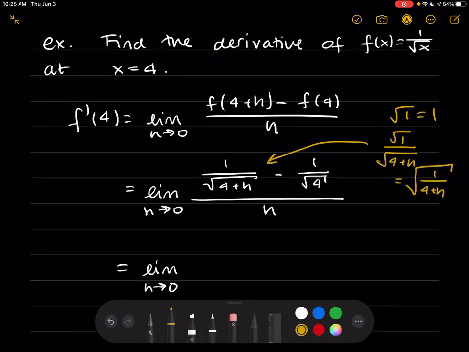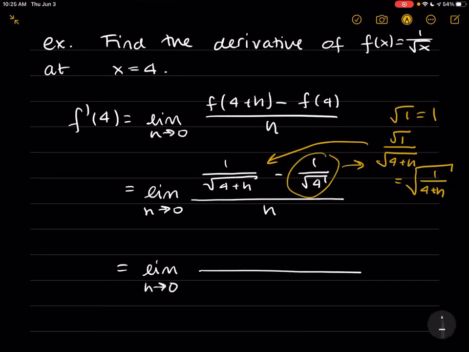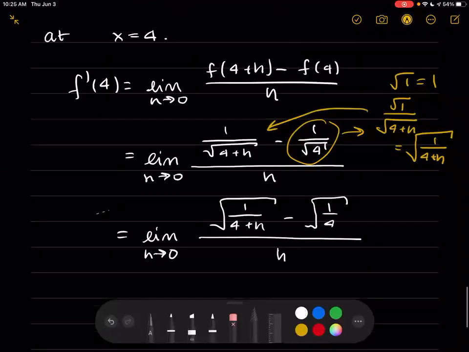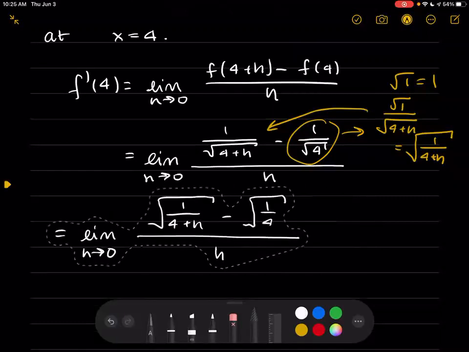And then we can do a very similar thing for that one as well. And so we can rewrite this as the square root of 1 over 4 plus h minus the square root of 1/4. Now it seems like, why would I want to do that? That seems very strange. But the reason I want to do it is because now, if you ever have square roots like this in a limit, especially a derivative limit like this, what we can do is we can rationalize the numerator.